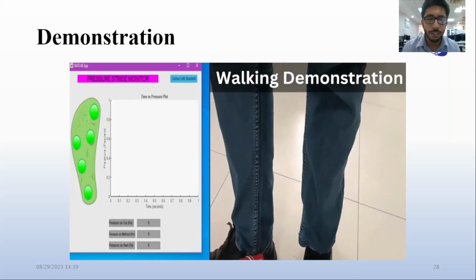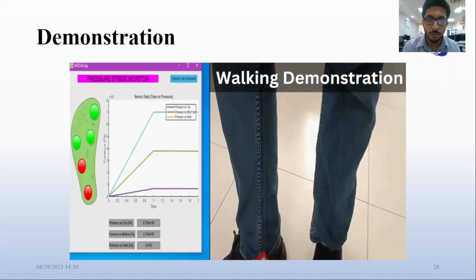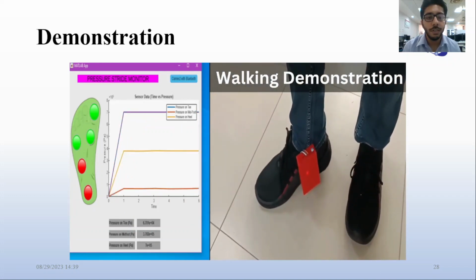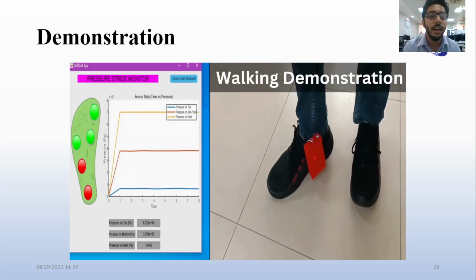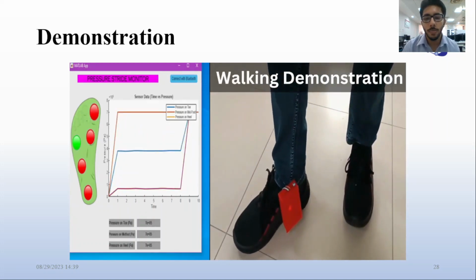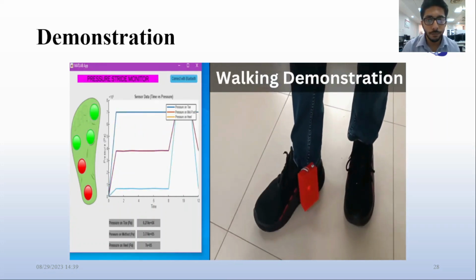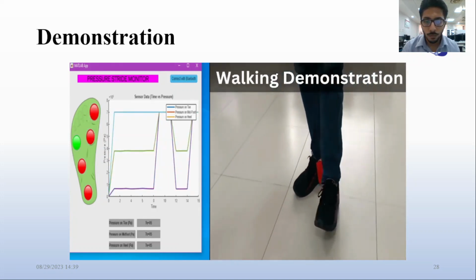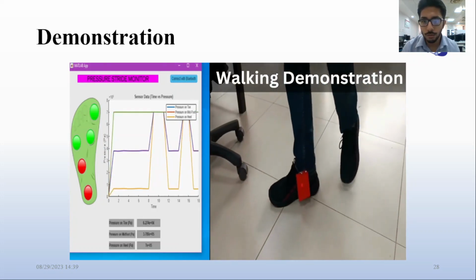So after applying pressure on the different regions of the foot, it will start showing the pressure sensor signals, colors, as well as the values. This comes under the walking demonstration.